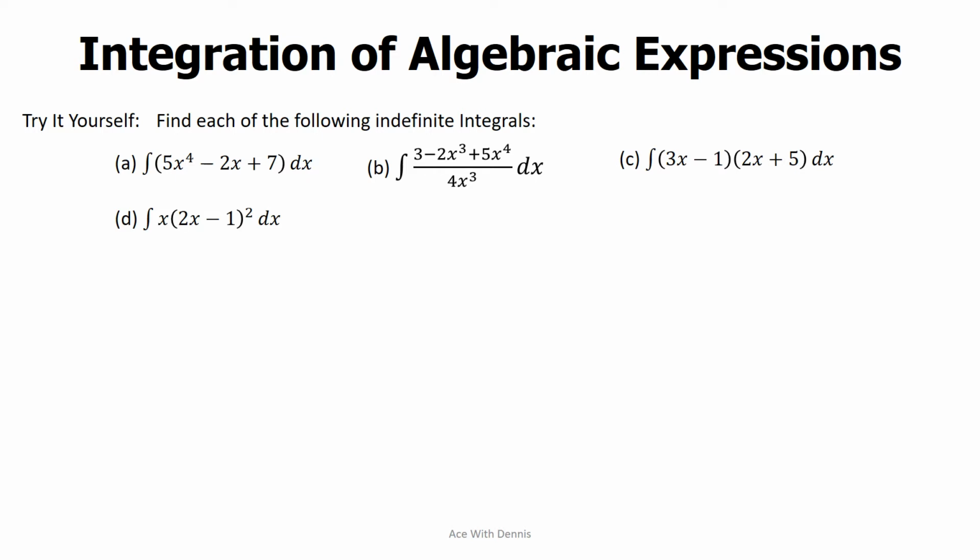D. Integration of x times 2x minus 1 squared dx. E. Integration of 2x minus 4 over 2x minus 1 squared dx. F. Integration of 2x minus 1 squared minus 4 over 2x minus 1 to the power 4 dx. You can pause the video and try to do it yourself.